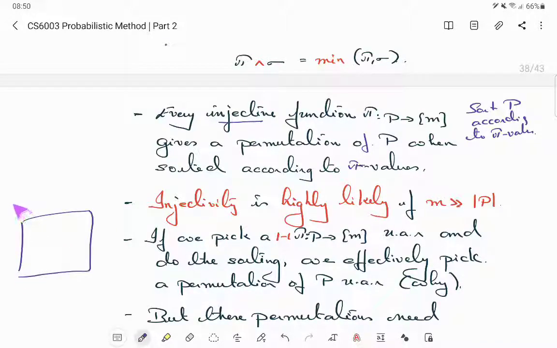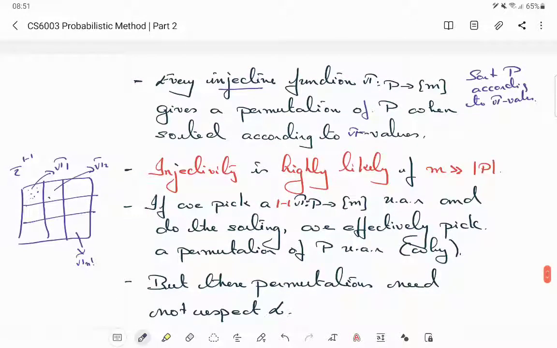This is your set of injective functions, but this is much more than n factorial. What we are saying is that this is equipartitioned into exactly the same number of functions: these will give one permutation pi 1, these will all give a second permutation pi 2, and so on, up to pi n factorial. So each of the n factorial permutations results from the same number of injective functions, and hence their probabilities would also be uniform.